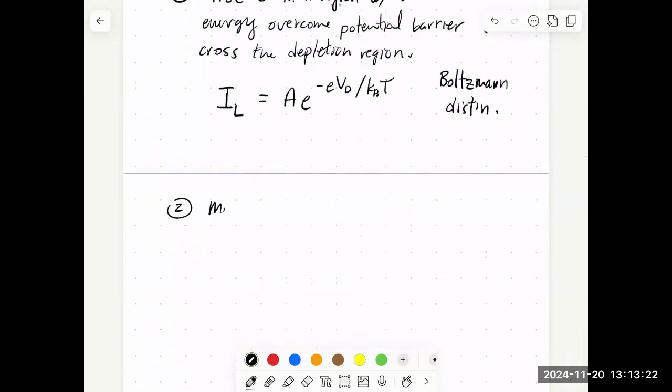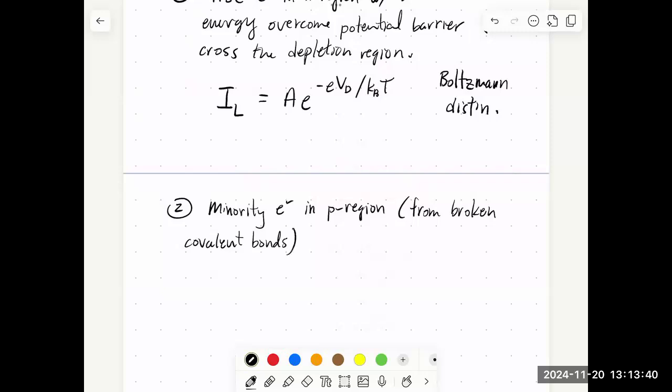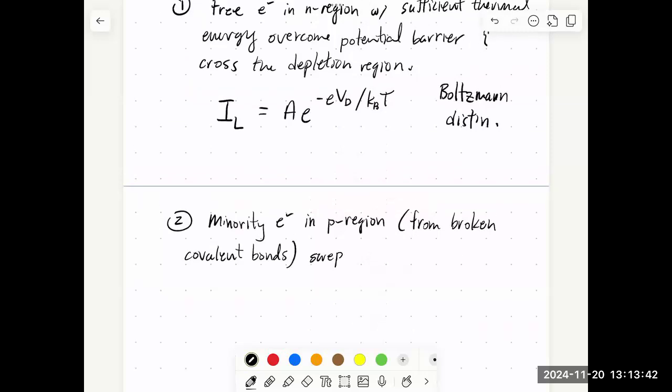Okay, so minority electrons in the P region, let's say from broken covalent bonds, are swept across our junction due to this depletion electric field.